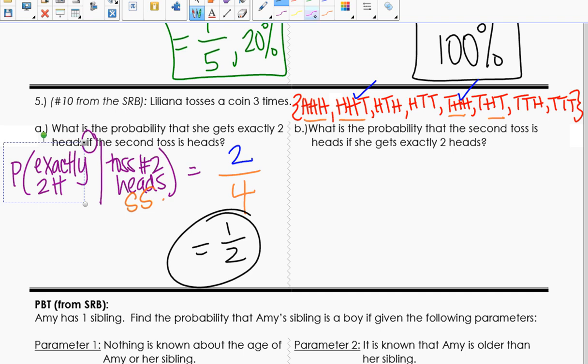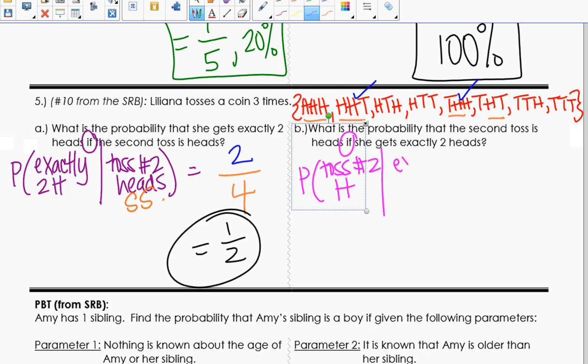For the second one, again, we just flipped it, because your sample space is changing, so really pay attention. What is the probability that the second toss is heads if I know she gets exactly 2 heads? Well, now my sample space has to change.